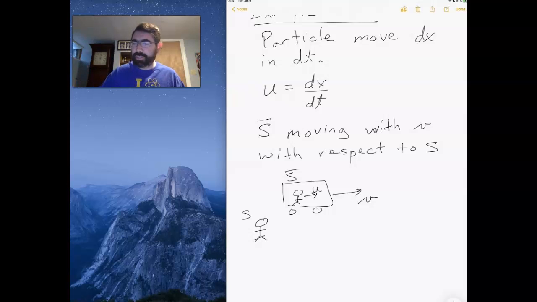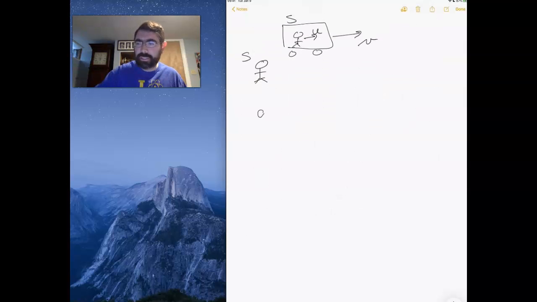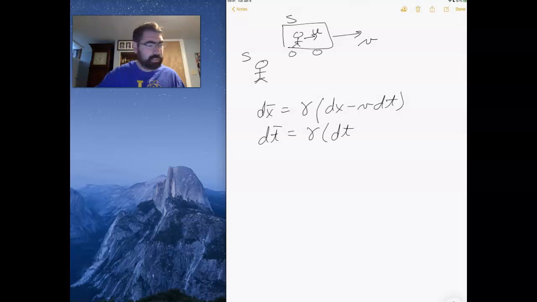So what we can do is take a look at the differentials and say dx bar is gamma (dx minus v dt), and dt bar is gamma (dt minus v over c squared dx). And we're not going to worry about y and z because they're not changing.